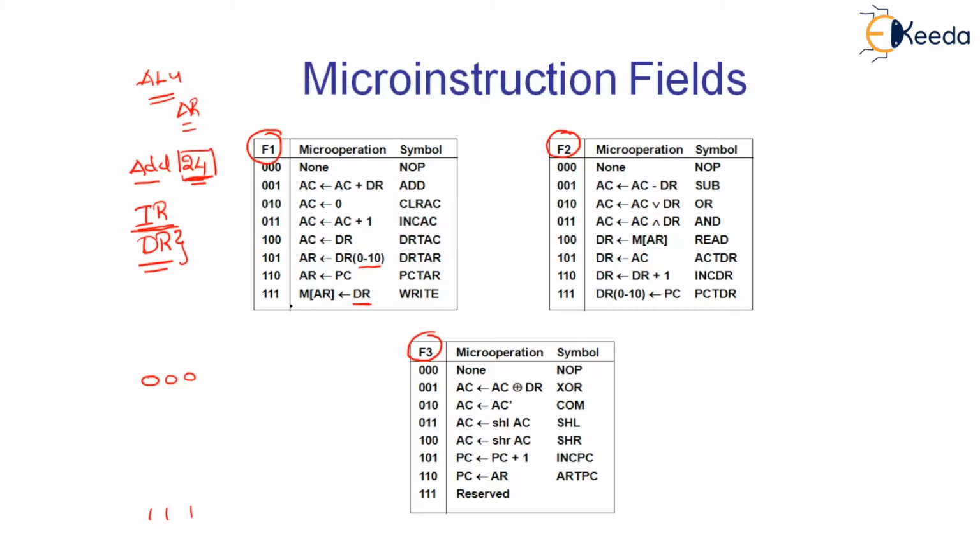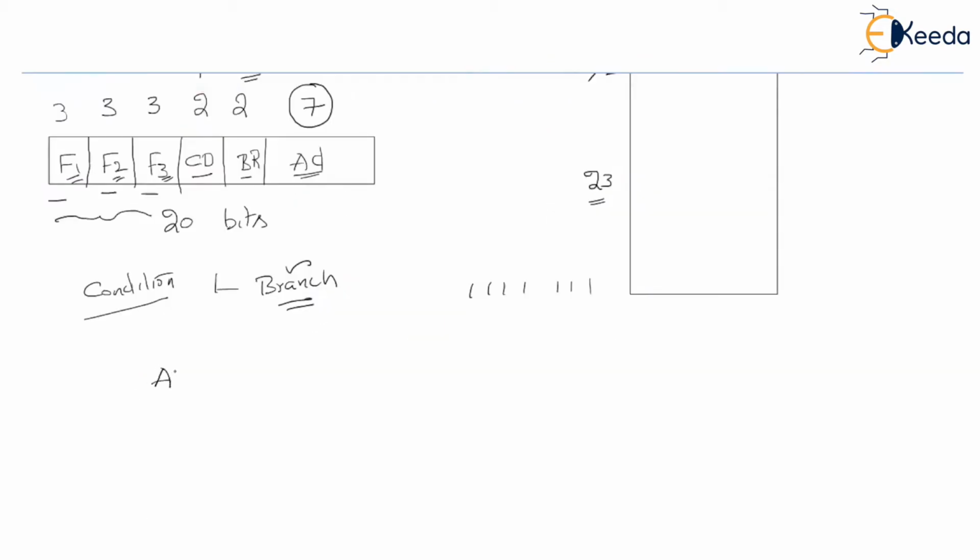So when we have 111 in the F1 field, that means a write operation is going to be performed. What is the write operation? The data register's contents will get transferred to the address which is specified by the address register. Let us say the address register value is 240 and the data register contents is 1100.